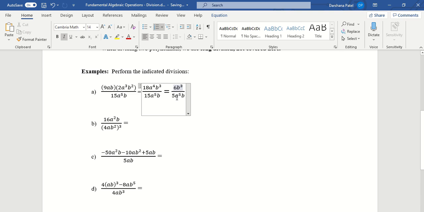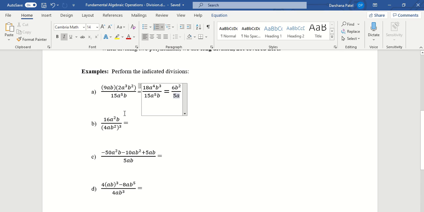So a to the 5, a to the 4 reduces to a only in the denominator. For the b now, b cubed and b reduces to b square in the numerator. If you are confused with that way, you can also use exponent rules. A to the 4 subtract 5 will give us a to the negative 1. We do not want an answer with negative exponents, so it will go down. B to the 3 minus 1 will give us b to the 2, and that's how I have b square here.